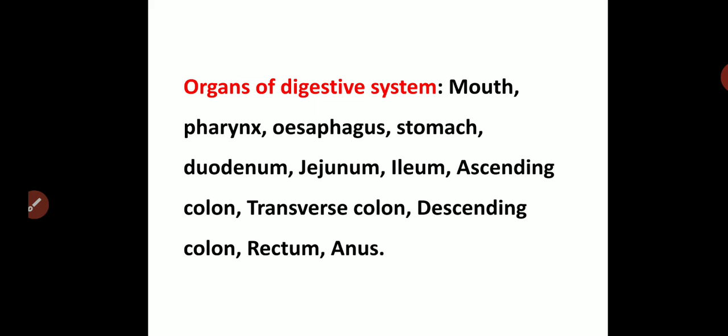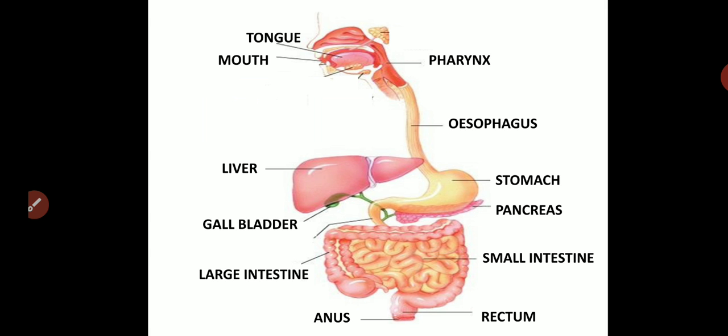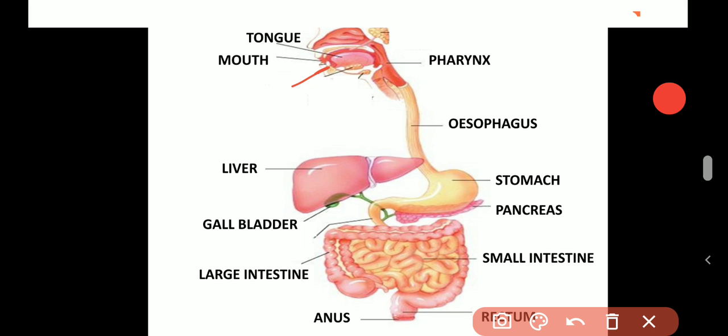So in this manner you have the various parts as you can see in this diagram. First with the mouth, then you have the cavity inside, the buccal cavity. The passage which is common for food and air is called the pharynx. The tube which takes the food from the mouth into the stomach is the esophagus.